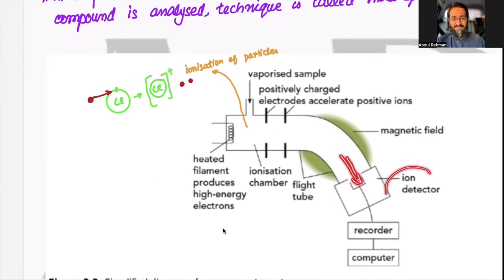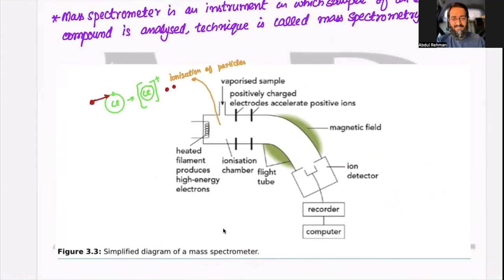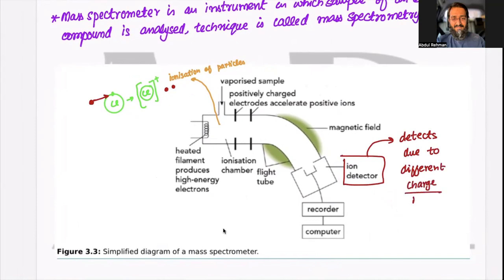And when they strike over here, the ion detector detects all of these. The deflection depends upon charge on mass of the subatomic particles.